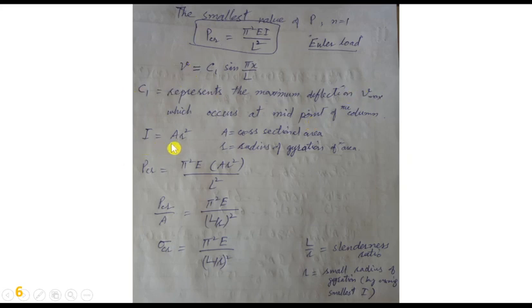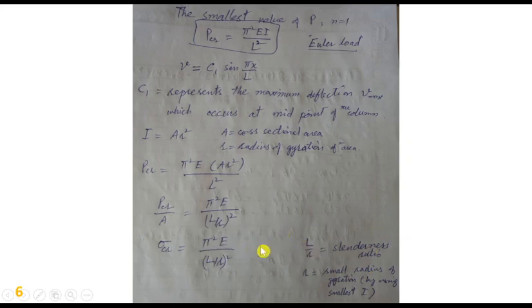If I is equal to A r², where r is the radius of gyration and A is the cross-sectional area, then P critical is pi² E A r² over L². Take A to the left side: P critical over A becomes stress, and the remaining part is pi² E over (L over r)². L over r is called the slenderness ratio.